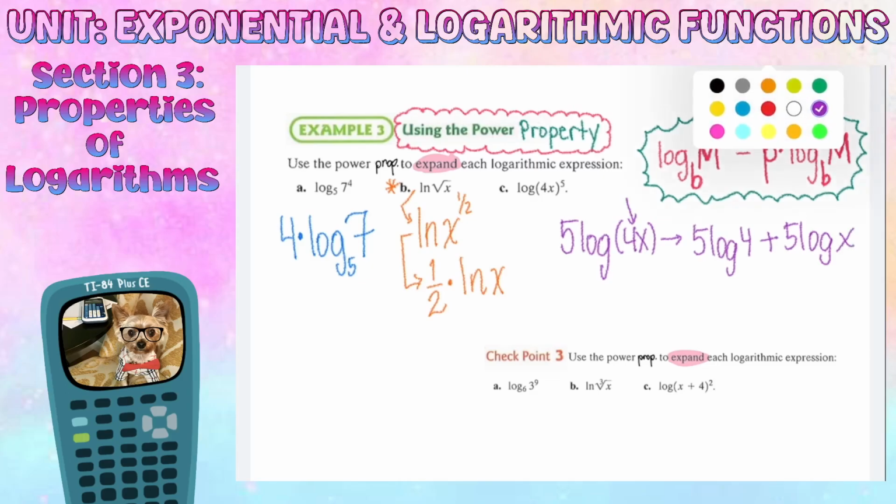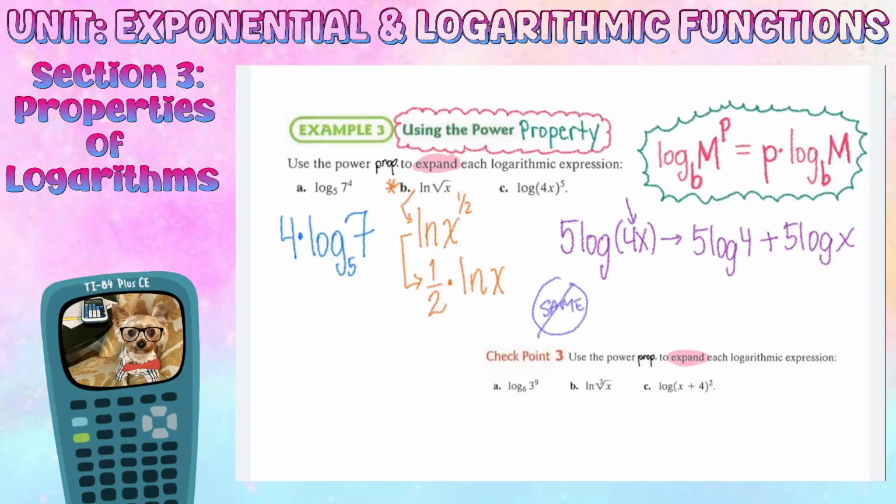It's important to point out that this is very different, not the same, as something like log of 4x to the 5th. In that situation, the 4 is not raised to the 5th, just the x.